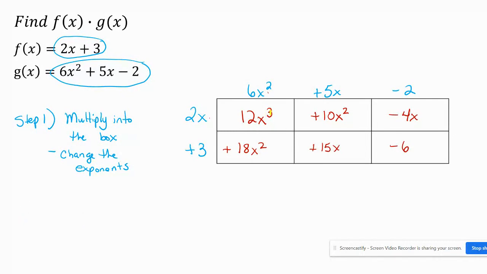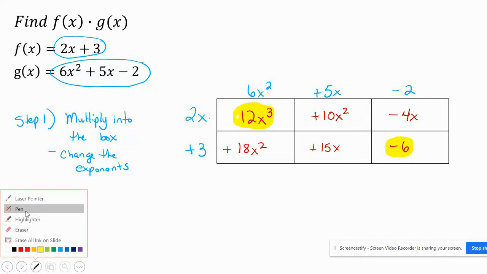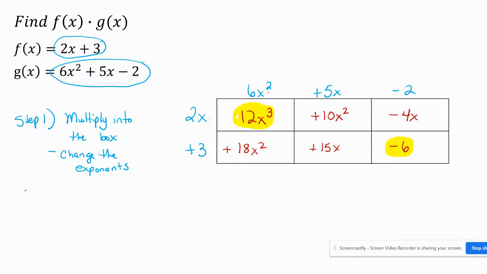Okay, so this is going to be our front answer, and this is going to be our back answer. And then we're going to collect like terms on the diagonal. Let me pick up a pen here. So in step 2, you're going to combine like terms like we did before on the add and subtract problems.